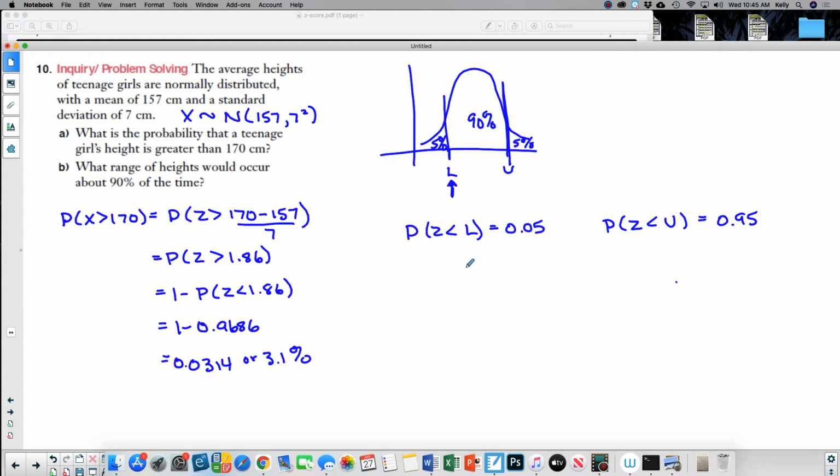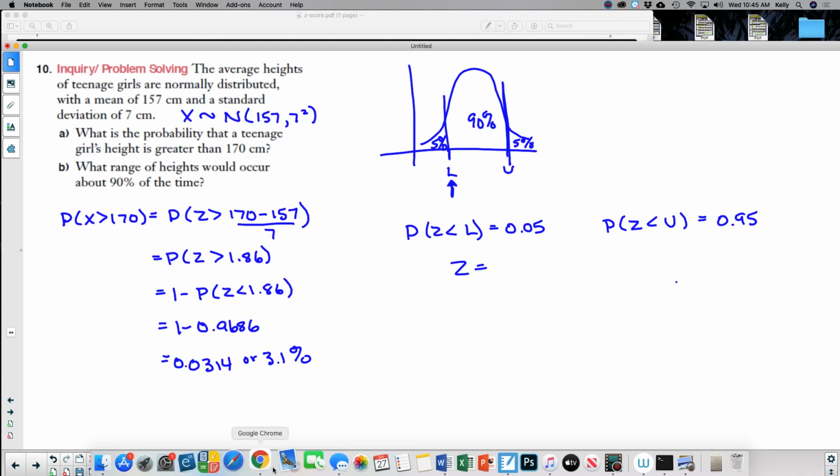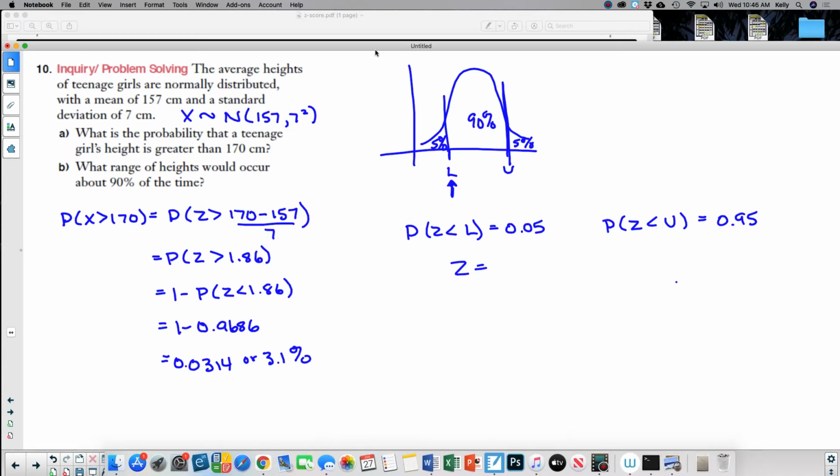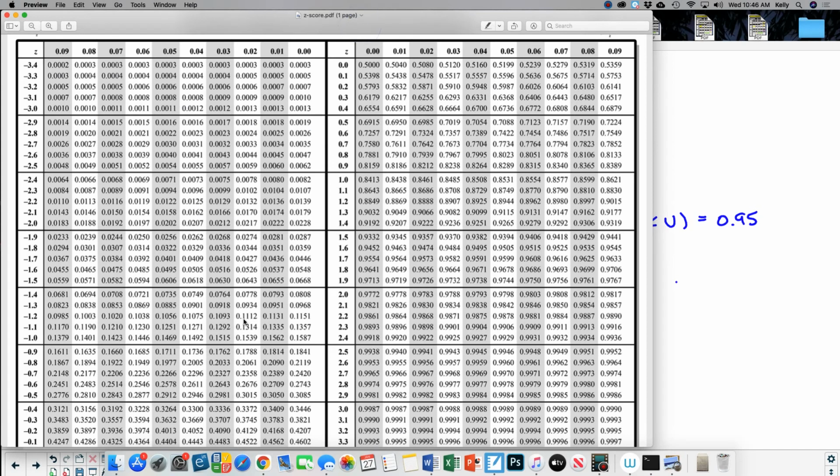So our lower bound has to be, let's go and take a look. So our z for this, let's pull up that table again. We're looking up 5%. So what you have to do is look in the body of the table for 5%. So it's 0.05 is what we're looking for. There, right here. This is the closest thing we see to 0.05. So that's negative 1.64.